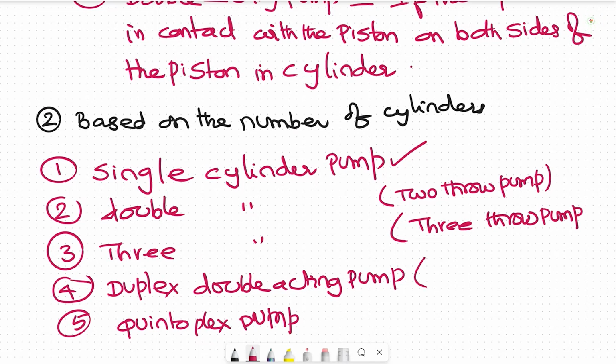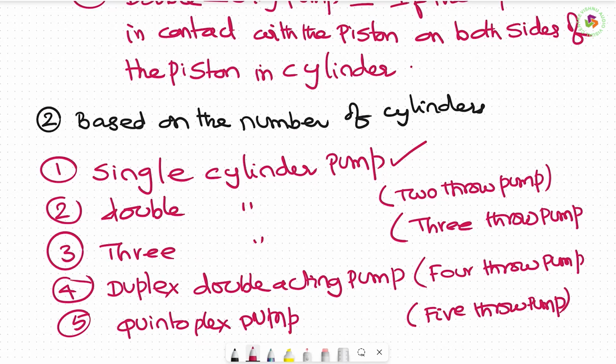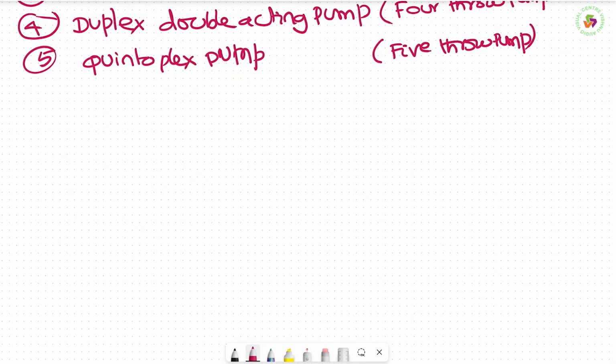And this duplex double acting pump is called a four throw pump. All this is based on the number of cylinders. It is called a five throw pump. So these are the two classifications of the reciprocating pump.